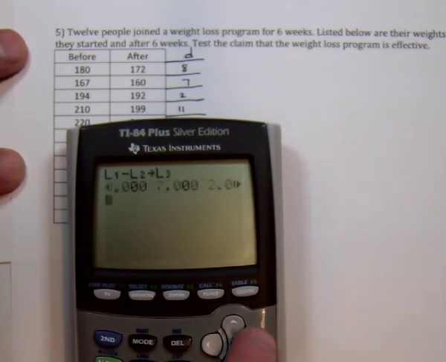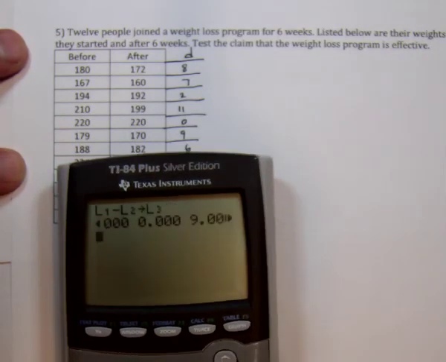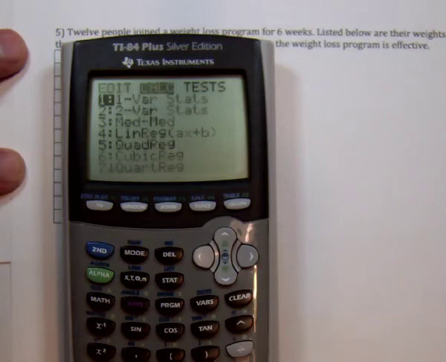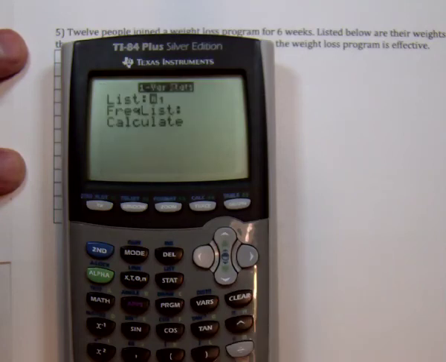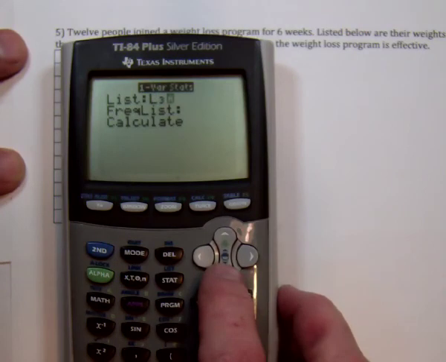8, 7, 2, 11, 0, 9, etc. And then what you can do is tell it, stat, find the mean and standard deviation. So this now needs to be list 3 for those differences.